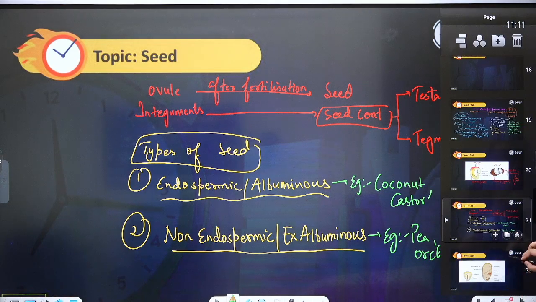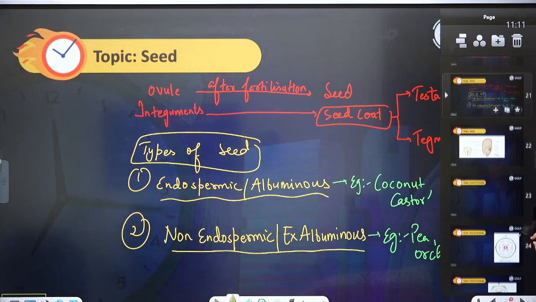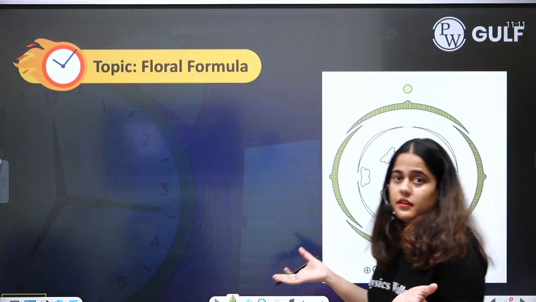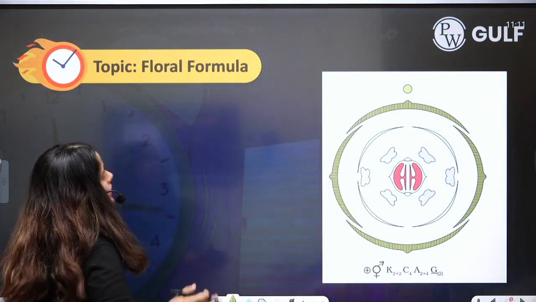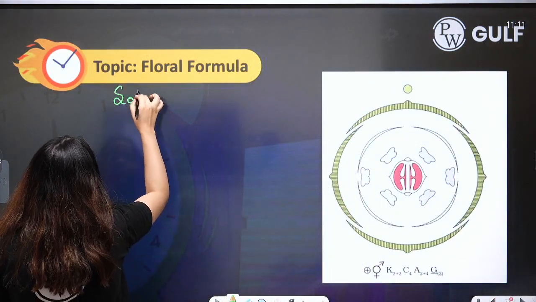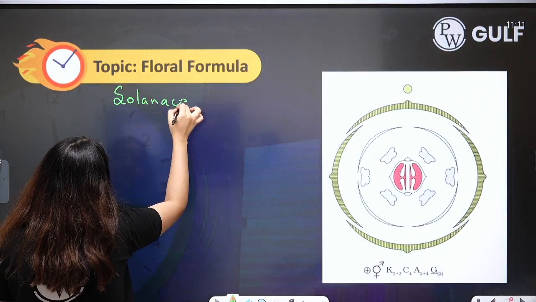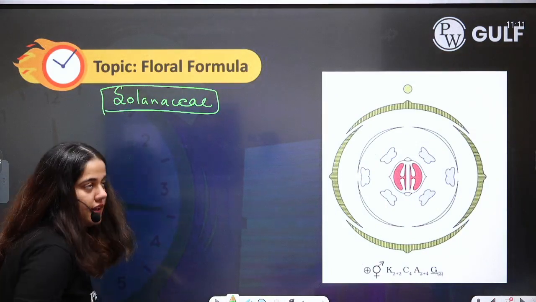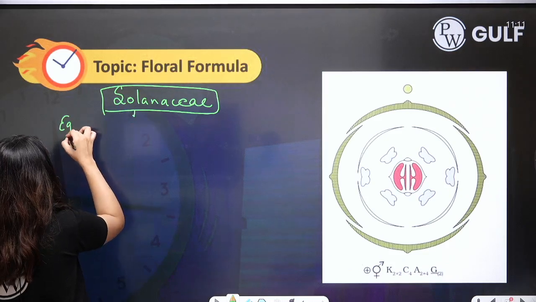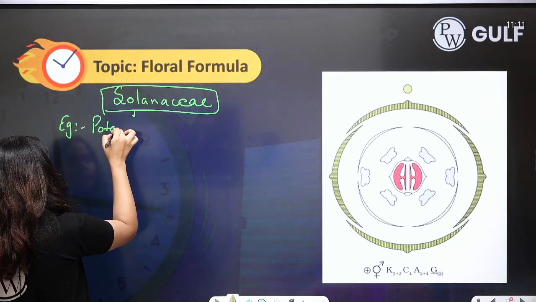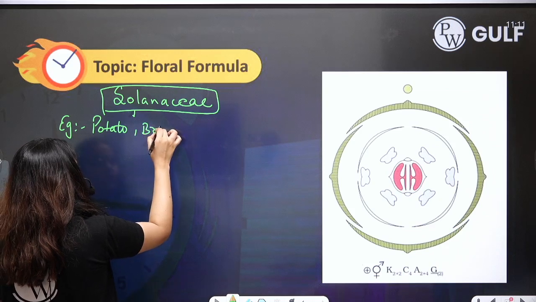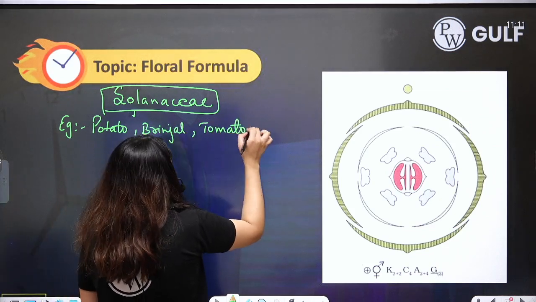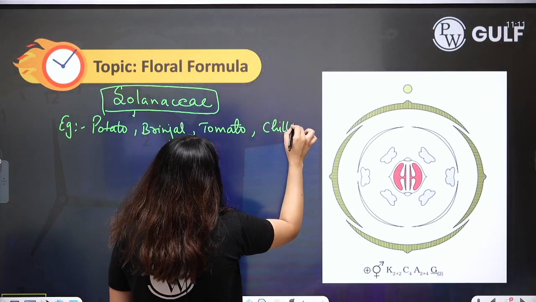Now we are going towards the last part of the chapter, floral formula. In the syllabus only the Solanaceae family is there. Examples of the Solanaceae family are potato, brinjal, tomato, chili, tobacco.